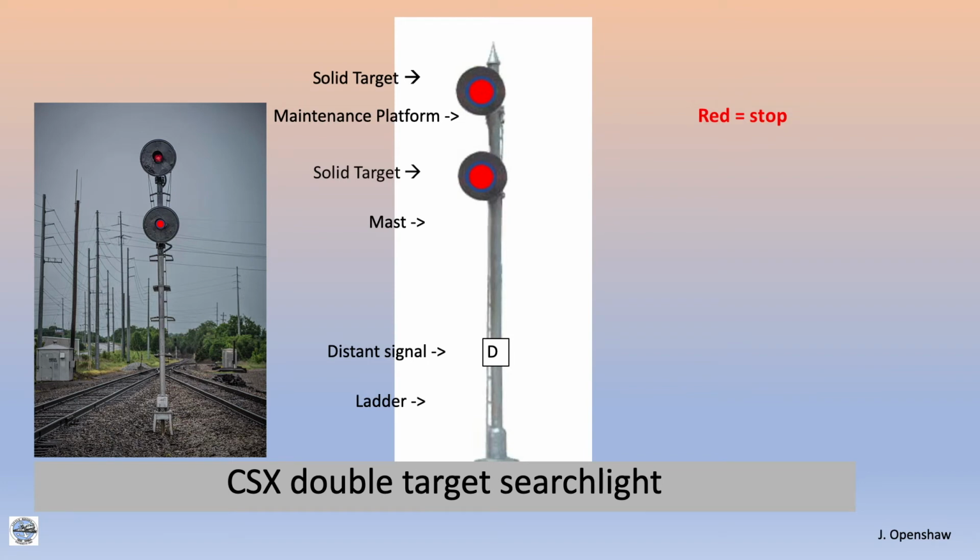Now, when you look at the two signals, the top signal is always a mainline signal. You read them from the top down. So the top is mainline signal, anything on the bottom, it means you're going to go into the siding. So this one here happens to be 2 reds. Now the thing is, with the 2 reds, if it says D, it could be a distant signal.